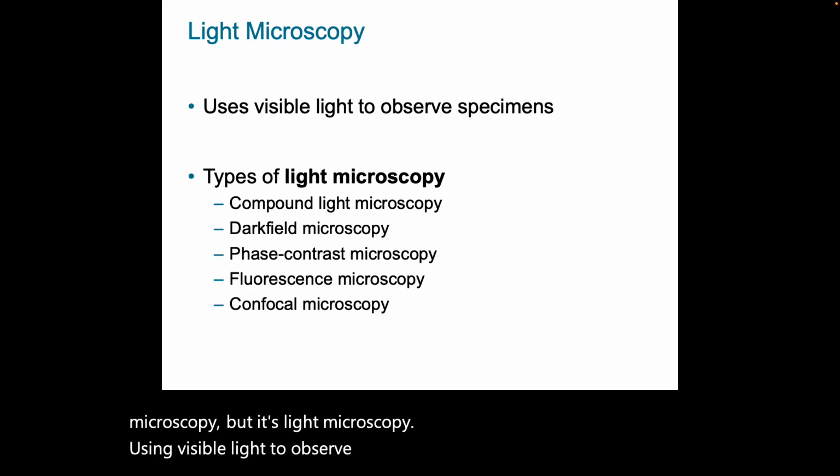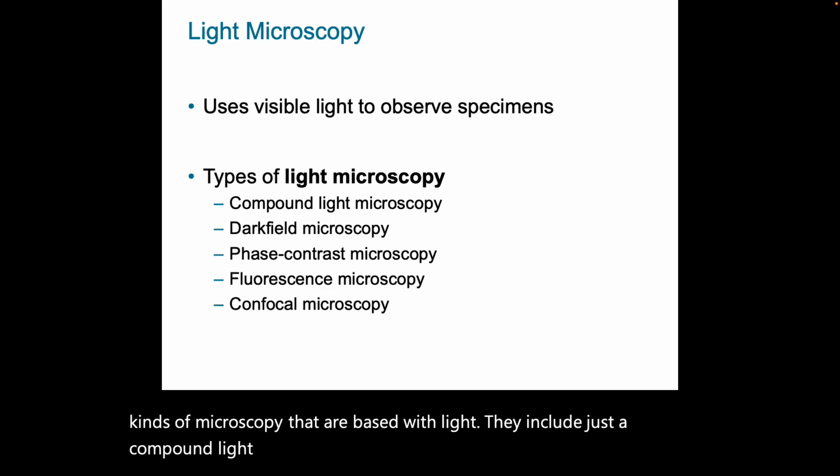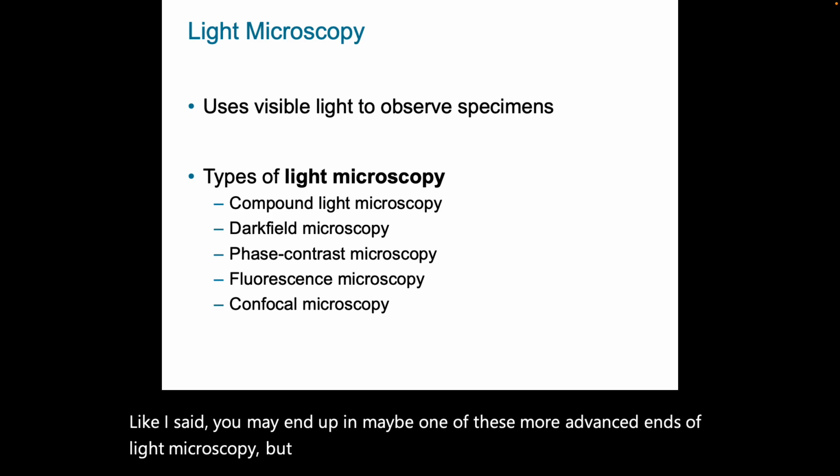So these are some different kinds of microscopy that are based on light. They include just a compound light microscope, dark field, phase contrast, fluorescence, and confocal microscopy. Like I said, you may end up in one of these more advanced ends of light microscopy, but almost certainly the majority of you will end up only in light microscopy.